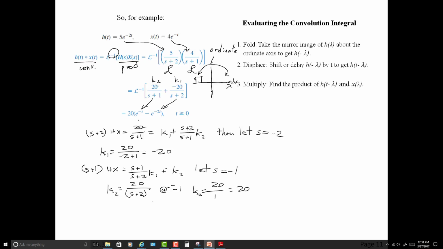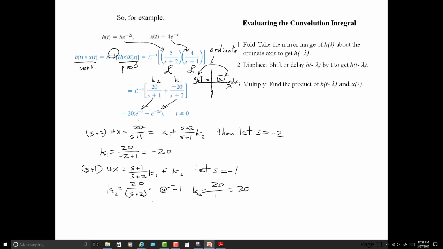Now you're going to multiply the product of the two. As you displace it, what's really going to happen is this folded impulse response is going to move toward the non-folded one, which is sitting over here someplace. So this is h and this is x.